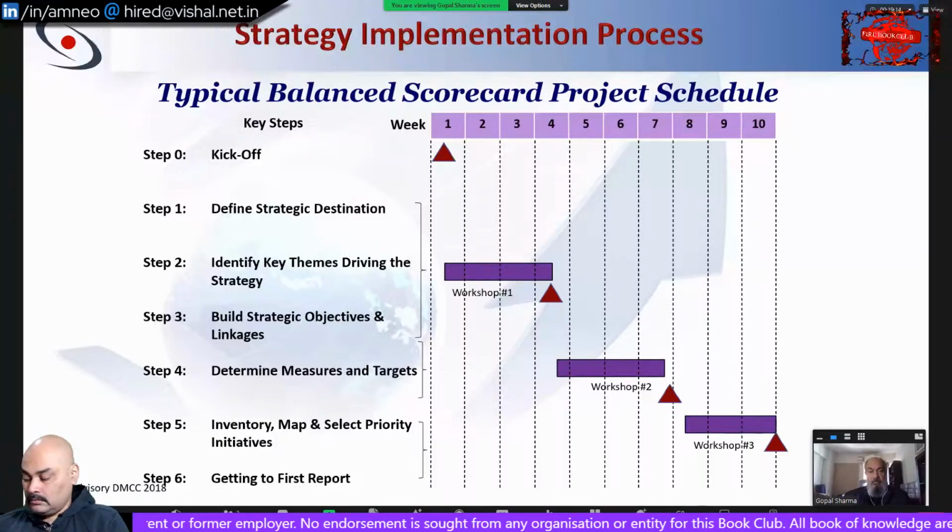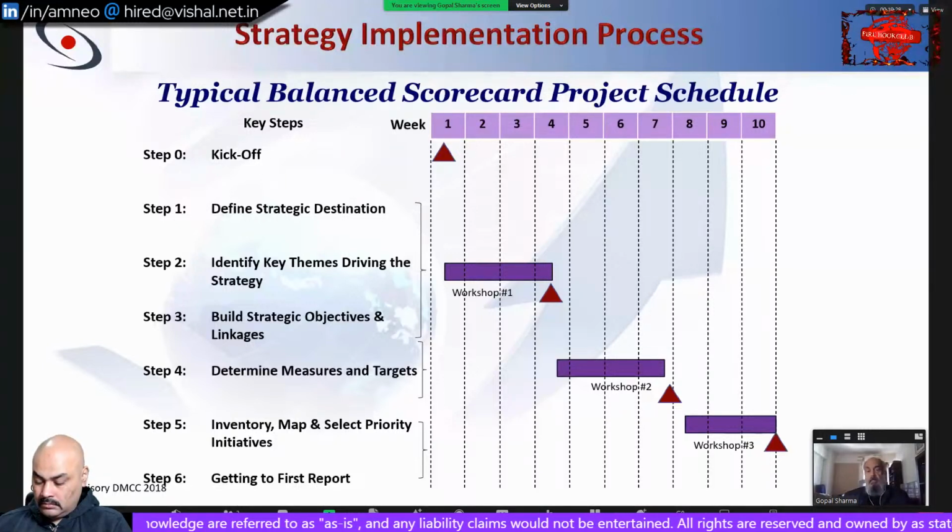If it is left to the strategy team or the lower level of people, then people will not cooperate. So leadership's involvement needs to be visible to all employees, from day one and on a continual basis. That is very, very important.